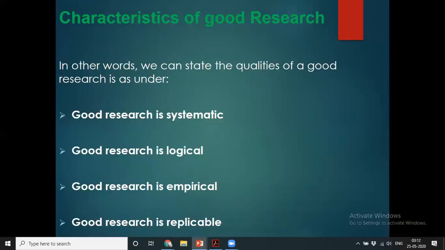Then next is that good research is replicable. Replicable means if you are doing a research, and someone considers the same parameters and repeats them, he must get a result more or less similar to the result which you have got. That's why whenever you are doing any kind of experimental work, you have to find out the variables, like controlled variables or uncontrolled variables, and you have to mention them.